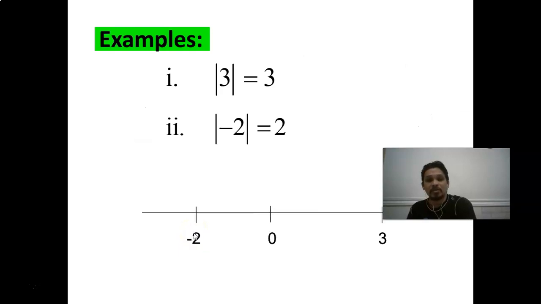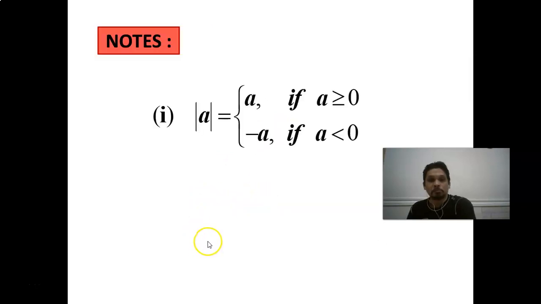Examples for this one: modulus of 3 equals 3 units to the right, and modulus of negative 2 equals 2 units to the left. So these are things that you need to remember. Modulus of A equals A if A is greater than or equal to 0, and negative A if A is less than 0.